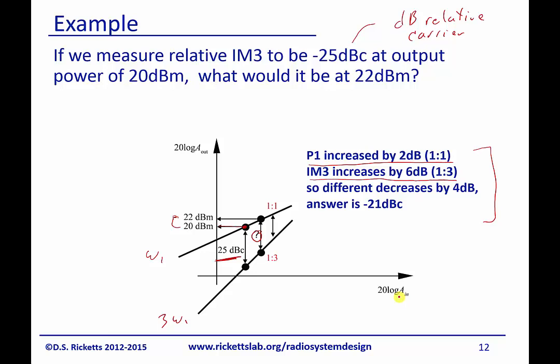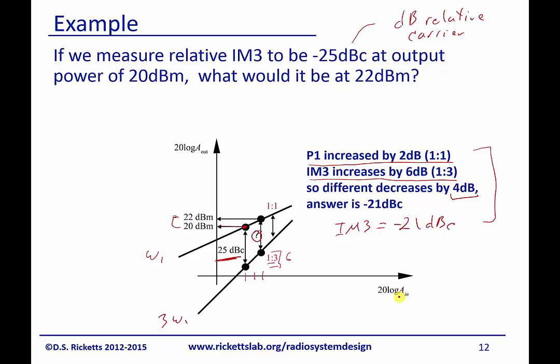Why is that? Because the input went up 1, 2. So this went up 6, right? Because it has a slope of 3. The difference increased by 4 dB. So the new answer is that the IM3 would be equal to minus 21 dBc.